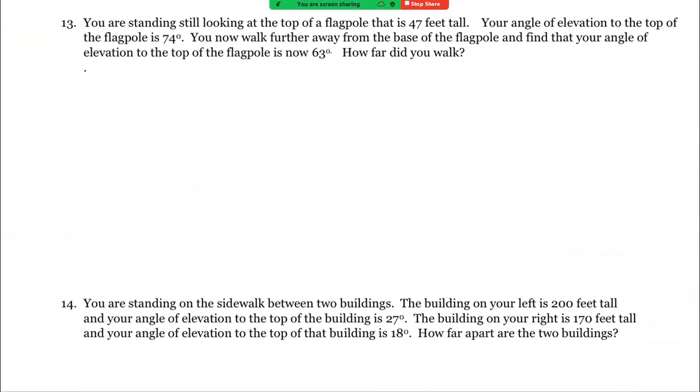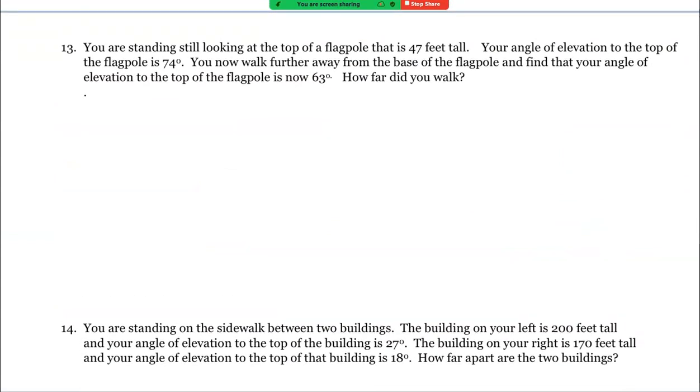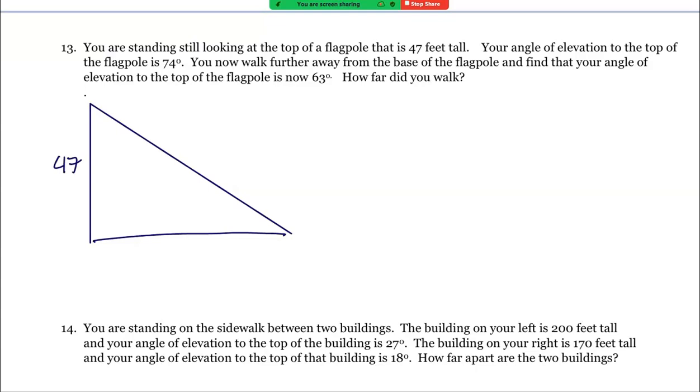Okay, all right, that brings us to 13. You are standing still looking at the top of a flag that's 47 feet tall. So if I'm standing like this, and you're standing still, this flagpole is 47 feet, and your angle of elevation is 74.